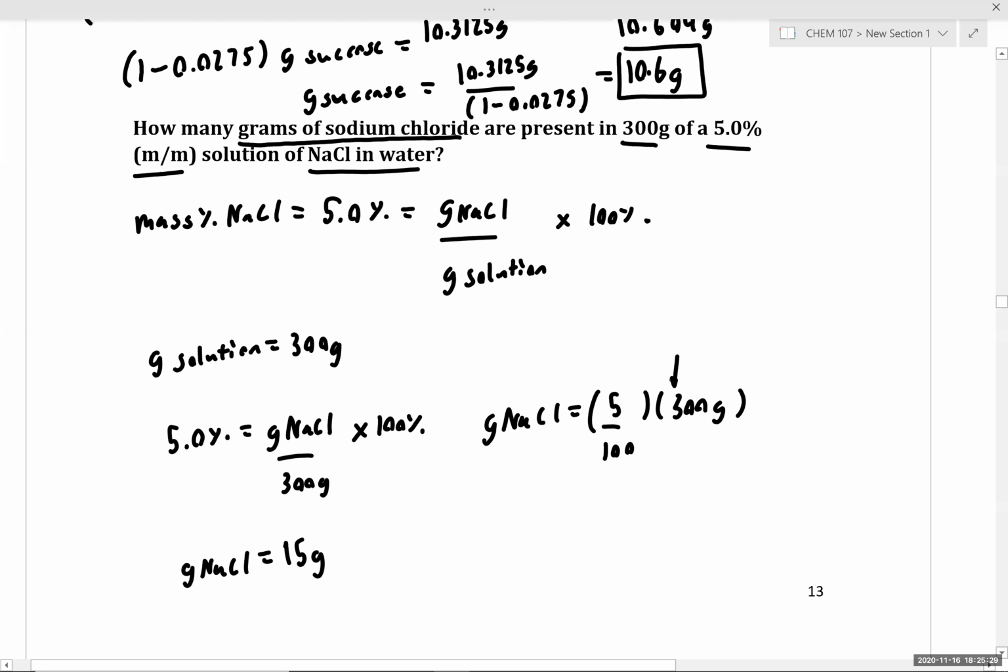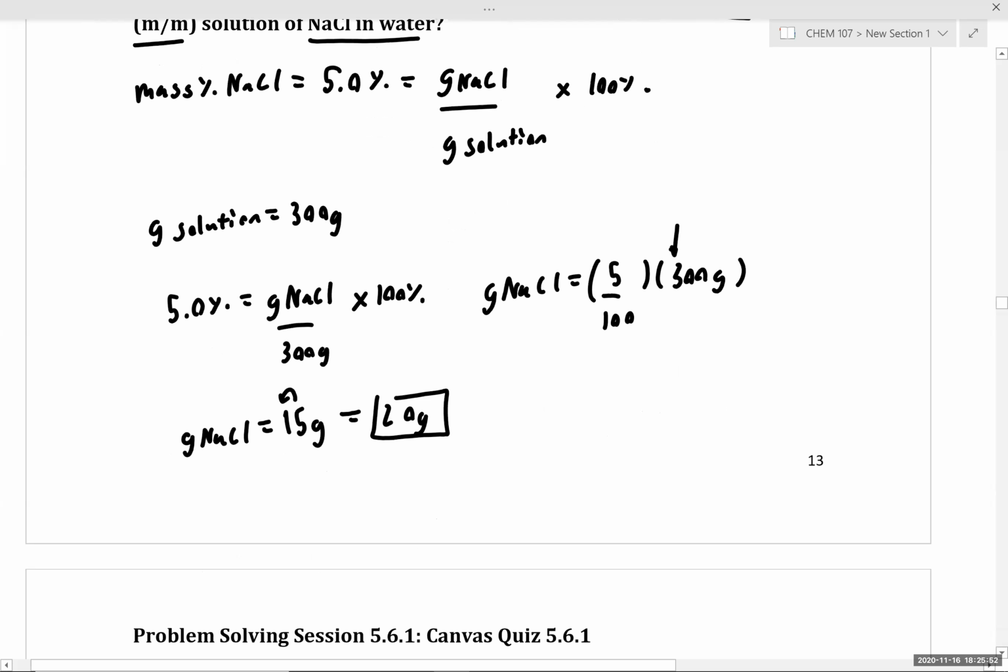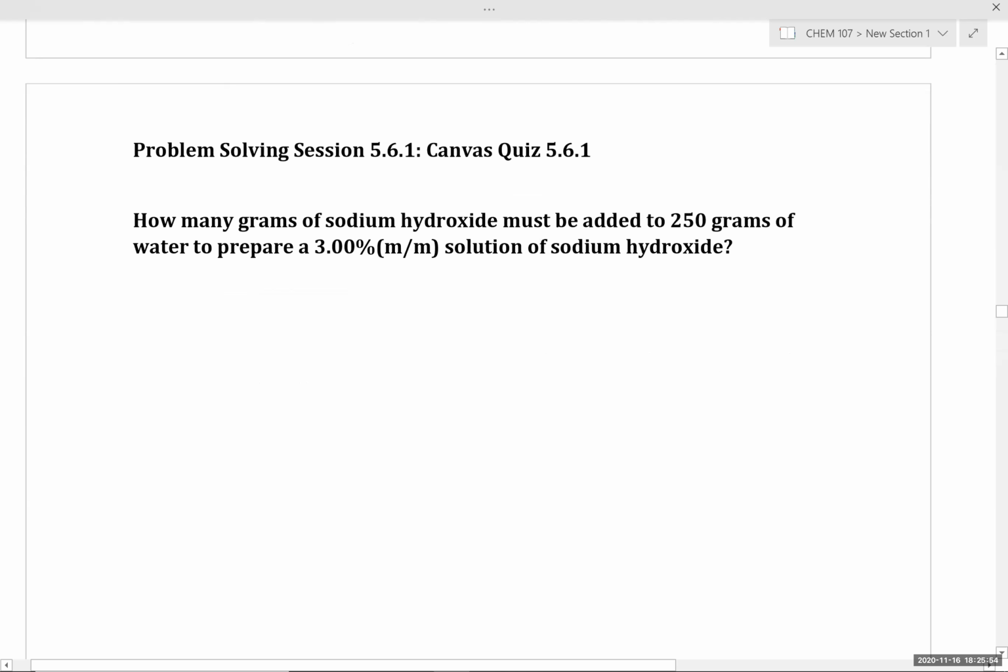Because we only have one sig fig here, we have to round up, and that gives us 20 grams. Does this question make sense for everyone? Does this question make sense? Yes. Perfect, perfect.